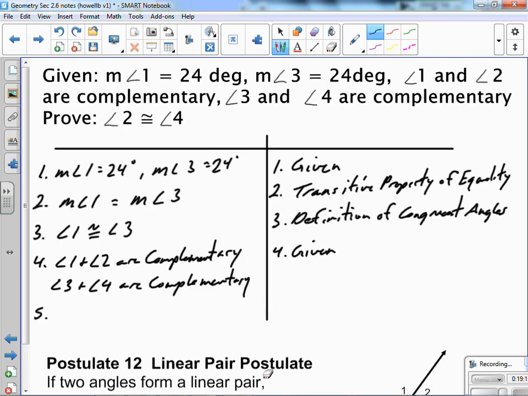So, since 2 and 4 are complementary with angles that are congruent, then angle 2 is congruent to angle 4, which is the congruent complements theorem.